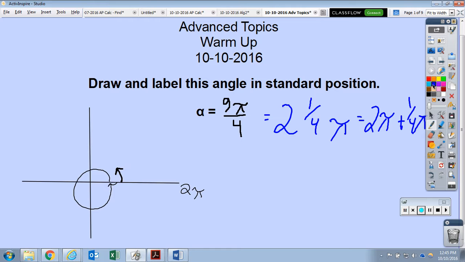You have the angle that you want. And we say theta is equal to 9 pi over 4. In your textbook, they show it as one continuous spiral here, all the way to here. Same idea.